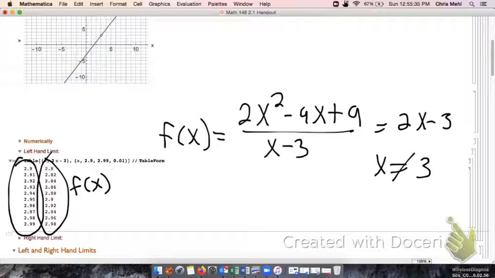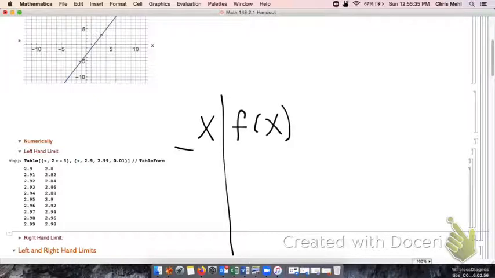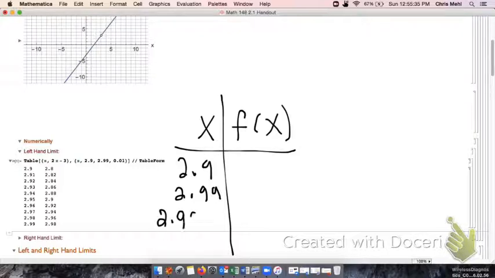Usually what I would do if I make a table, let me show you, is if I'm doing a left-hand limit and I'm just inspecting it through a table, I would probably just go with 2.9, 2.99, 2.999. You'll see that when you plug 2.9 in, you'll get 2.8.